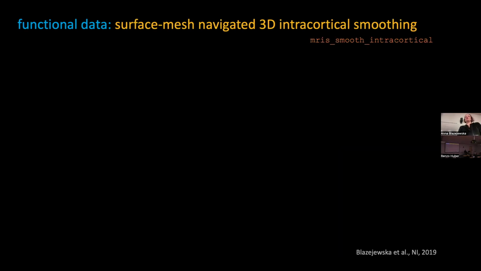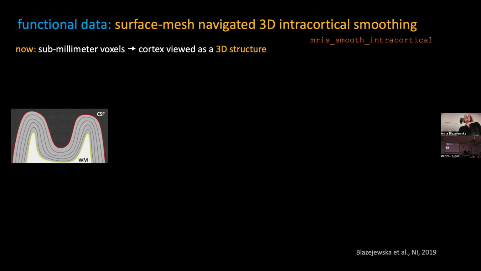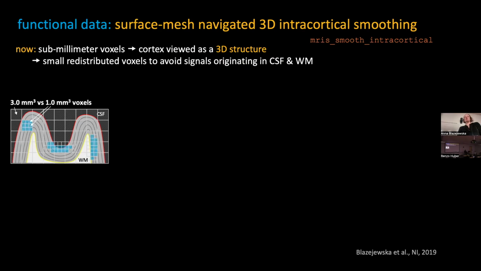And what we proposed was a variant of this kind of surface-based smoothing, but with the extra feature that we're now using the submillimeter voxels to look at the cortex as a 3D structure. So instead of talking about flat ribbons, we're talking about the 3D cortex. If this is our cortex, we'll take the small voxels and redistribute them.